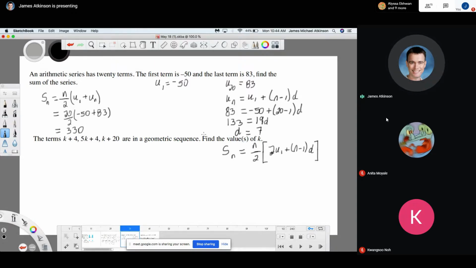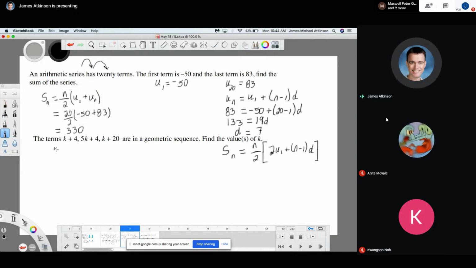How about a geometric sequence problem? Okay, so if these are in geometric sequence, remember the definition of arithmetic is that we have a common difference, meaning that the difference between each pair of consecutive terms must be the same. Well, in a geometric sequence, they all have a common ratio.